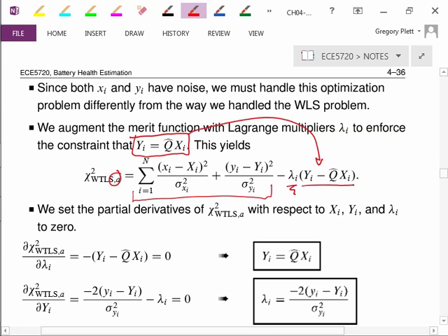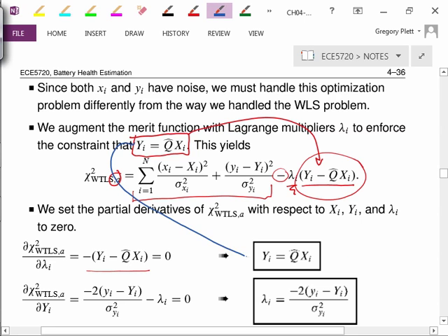So first, taking the derivative with respect to lambda, we can see that we're going to get this term. So I have minus (y_i minus q hat times x_i) equals 0. And we solve that, and we get y_i equals q hat x_i. Now this always happens with Lagrange multipliers. It's why they work.